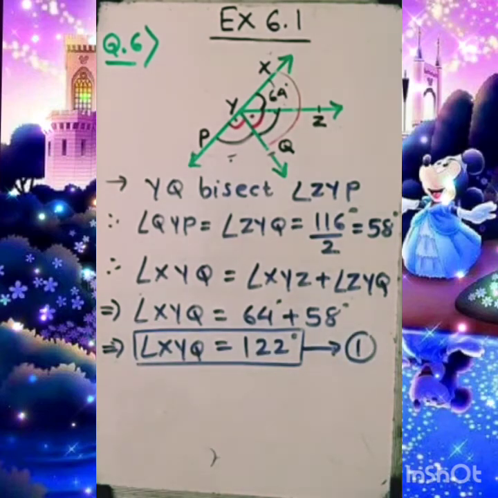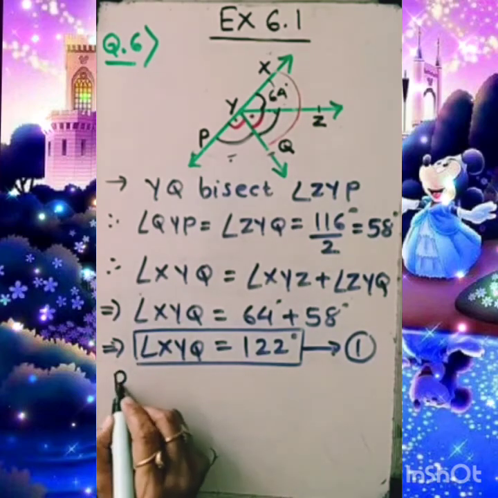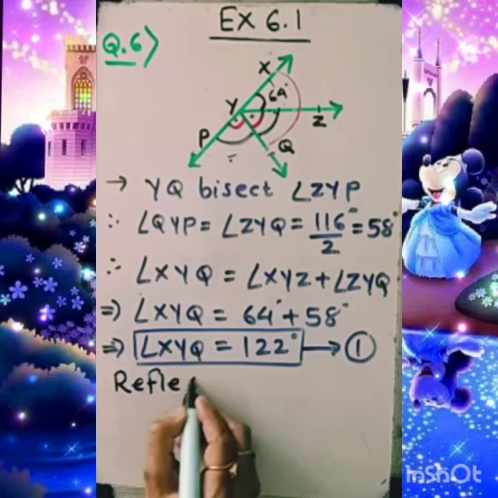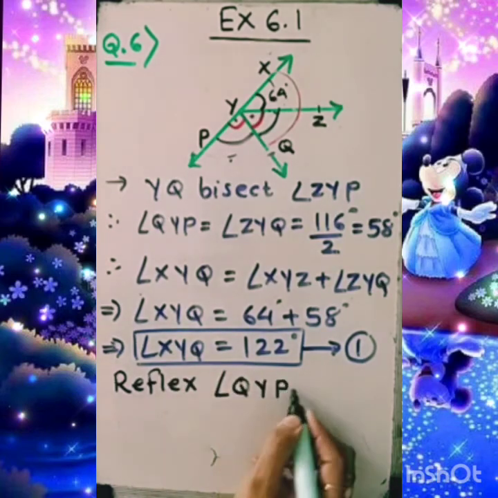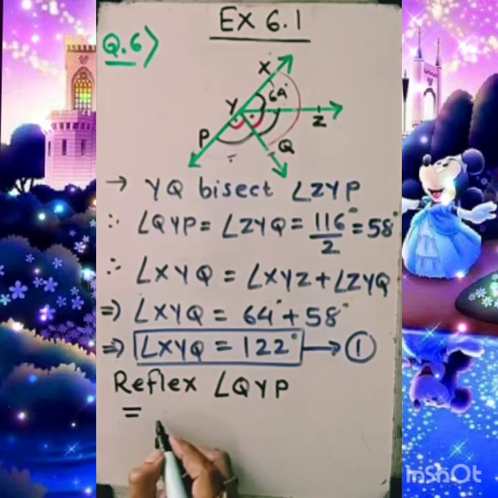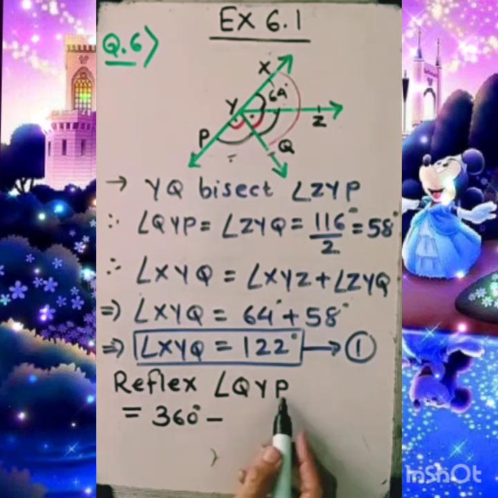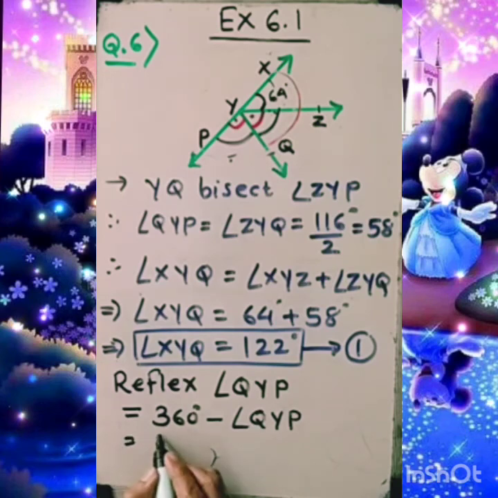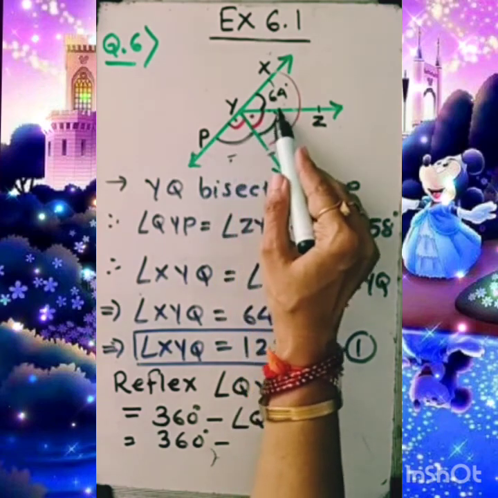Now in the next step we need to find the reflex of angle QYP. So let's work on that. The reflex of angle QYP has been asked, and as you know, we must subtract the angle from 360 degrees. Angle QYP is already with us, so I am subtracting it from 360 degrees. So 360 minus, what is the measurement of angle QYP?